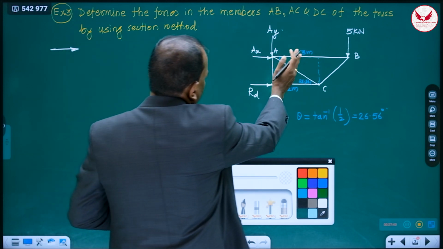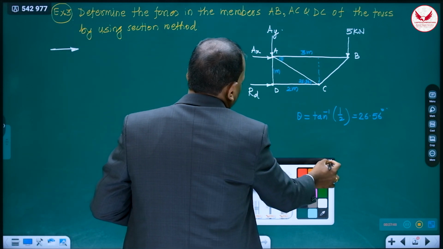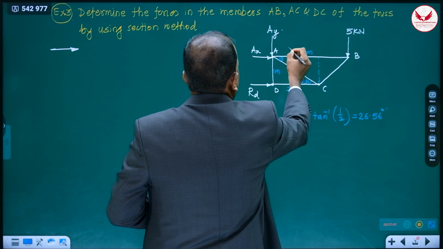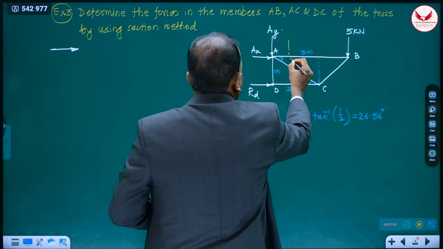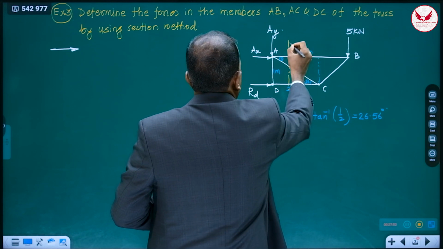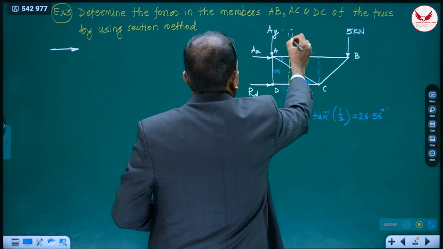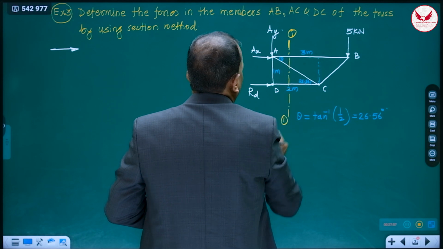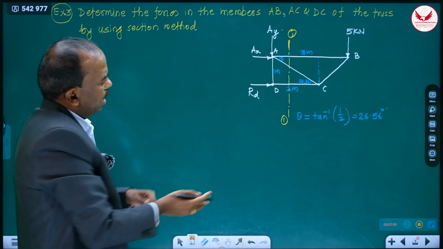For taking the section, taking left hand side is of no use. If I need right hand side, then I'll take the section in this way. Consider this is the section 1, 1. And we have to consider RHS.